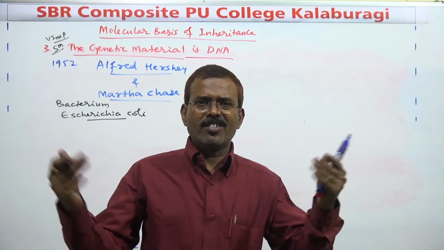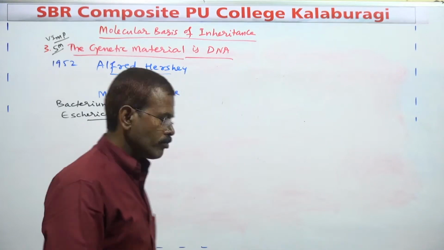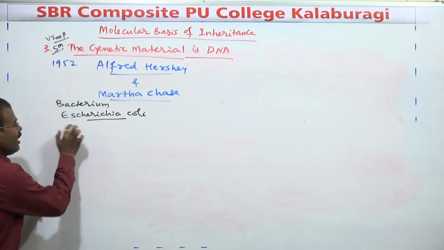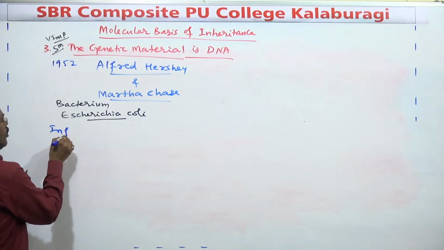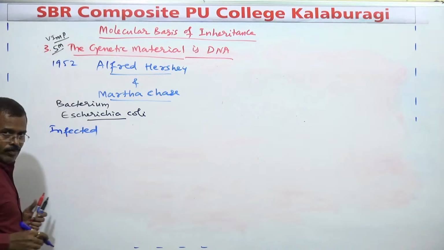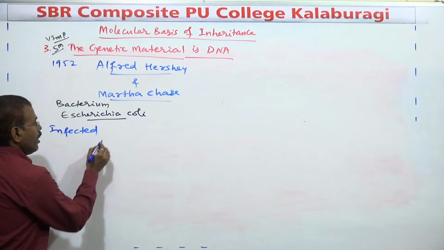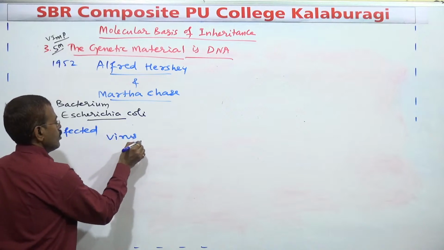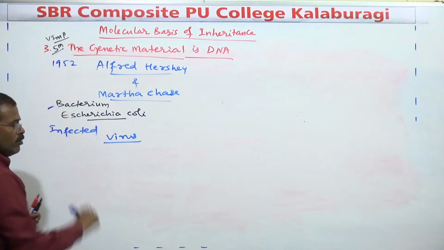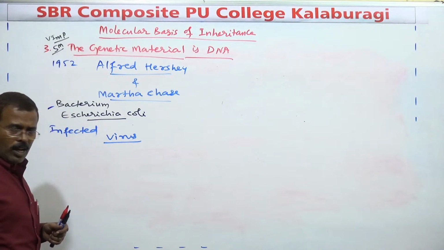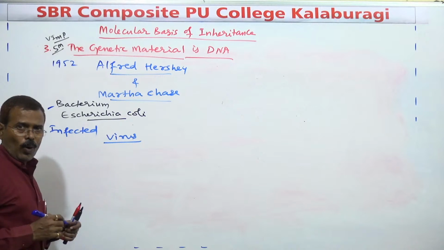One multiplication in 20 minutes. This bacterium is infected by, attacked by a virus. So they used the two organisms I said: one is the bacterium E. coli, and another one, the virus.